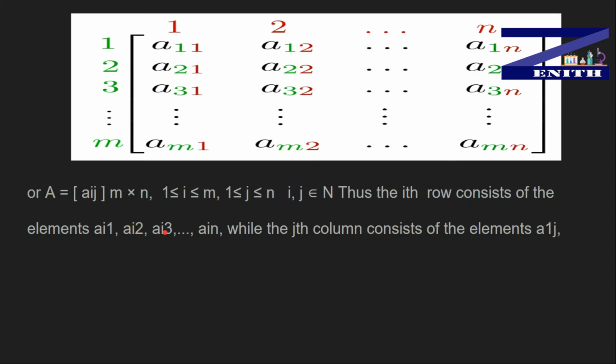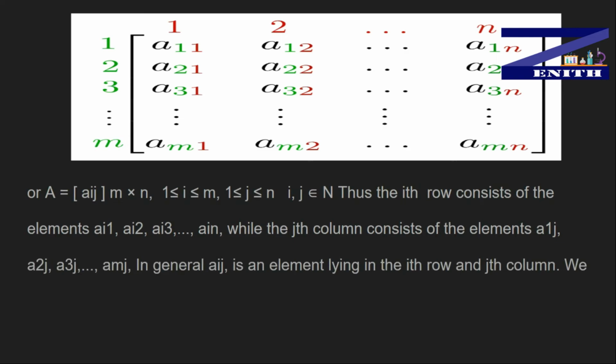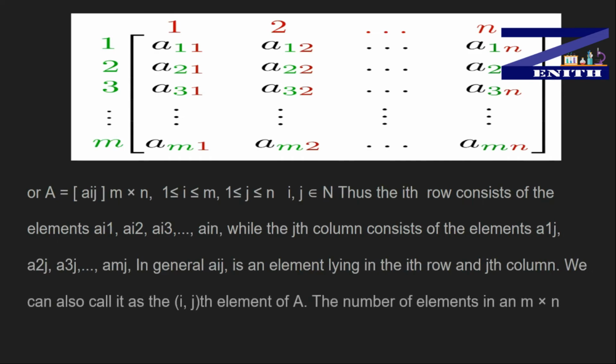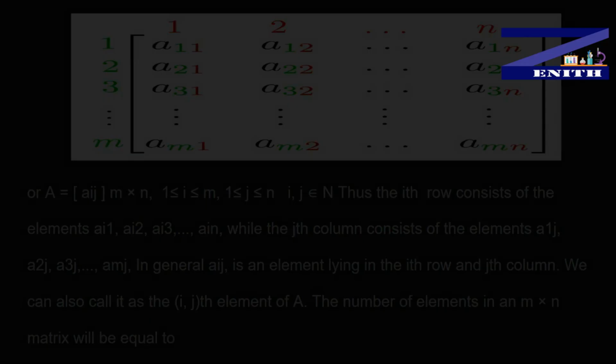If you want the elements of the third row, you put 3 in place of i. This was for the ith row elements, while the jth column consists of the elements A1j, A2j, A3j, same as before. In general, Aij is an element lying in the ith row and jth column. We can also call it the ijth element of any matrix A. The number of elements, as I already told you, guys, will be m cross n. So this one was all about the order.